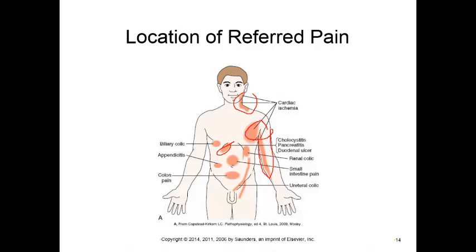And then biliary, the appendicitis is here, even though the appendix is a little bit lower. Colon pain is right under the navel, and then small intestine pain, sometimes we find it right above the navel. And so it just is referred out. And the kidneys can end up being in your back, and the renal colic is there. So referred pain just means we're not where the actual damage is occurring.